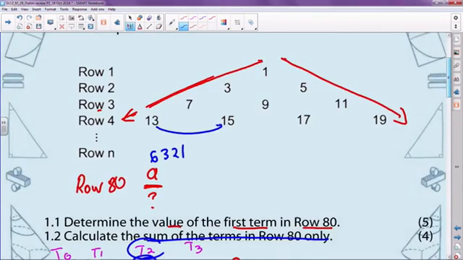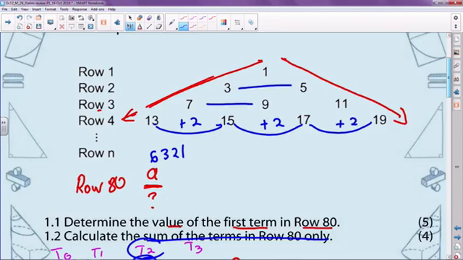So to get from 13 to 15, what do I add? 2. From 15 to 17, I add 2. From 17 to 19, I add 2. And that's true for every row of this pattern. So therefore, it's also going to be true for row 80.